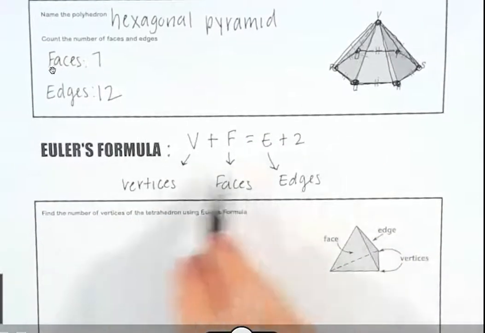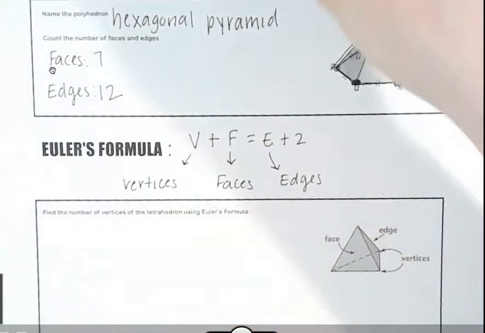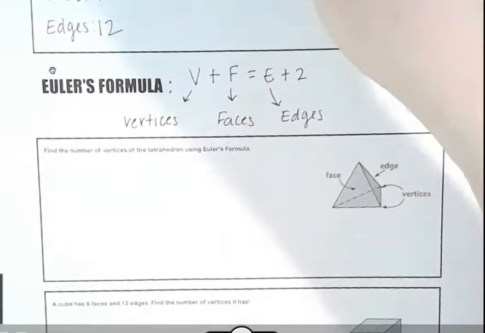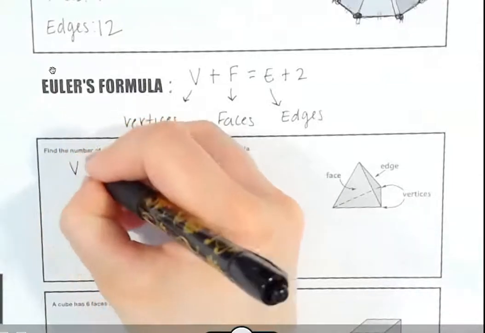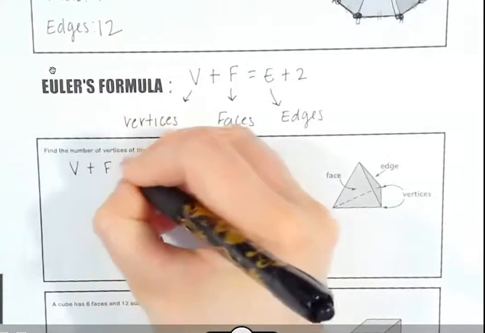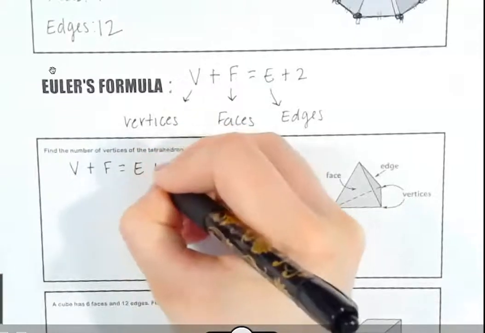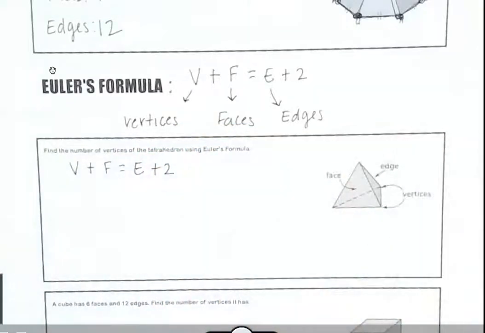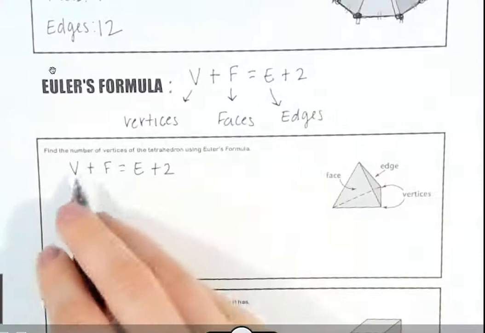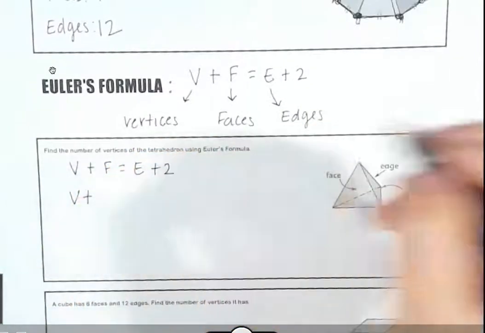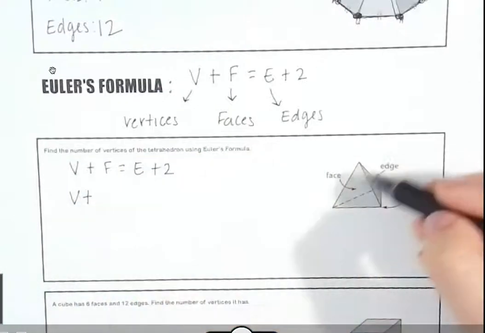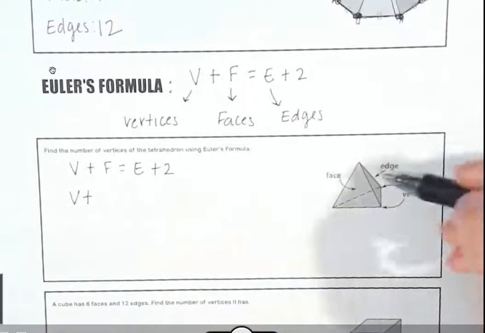Okay, so let's just start by rewriting our formula. We're going to have vertices plus faces equals edges plus 2. We're looking for V because we're looking for the vertices. So let's drop down that V plus how many faces does this solid have?